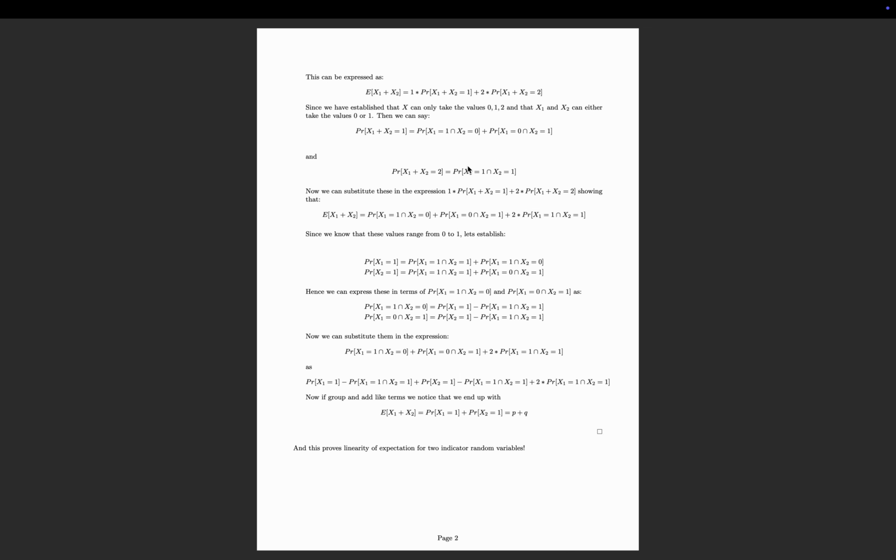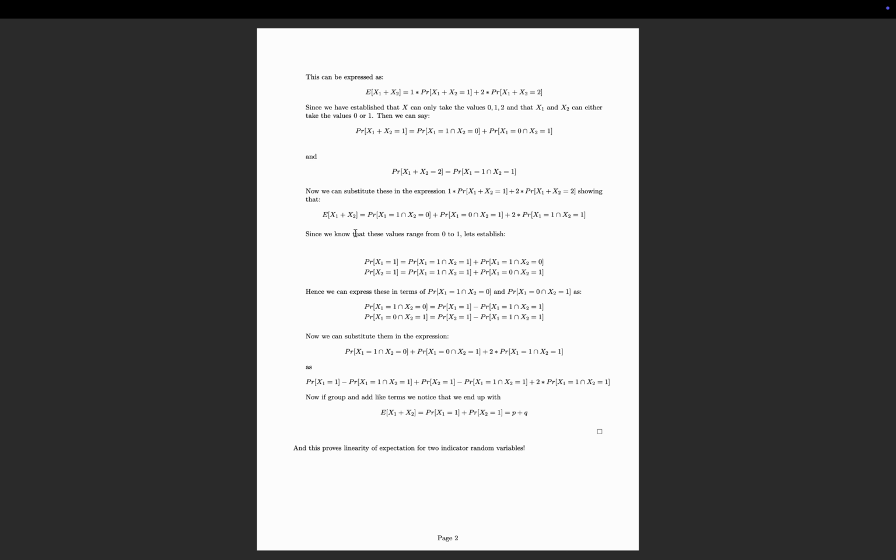We need x1 to equal 1 and x2 to equal 1 so that their sum gives you 2. Now notice that we can substitute these in this expression over here so that we can express the following expression, right? And we can do something really interesting with this.